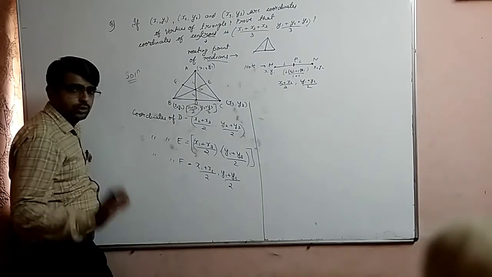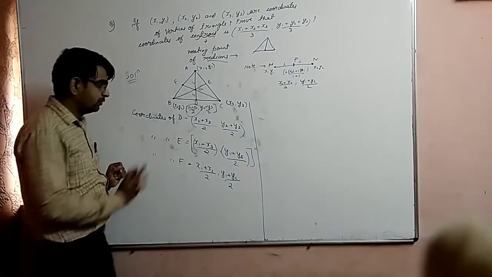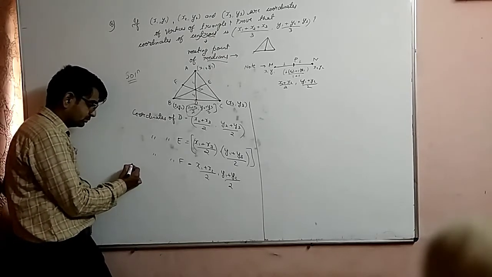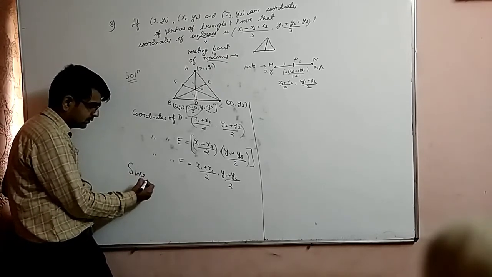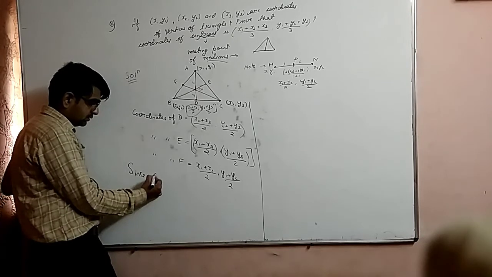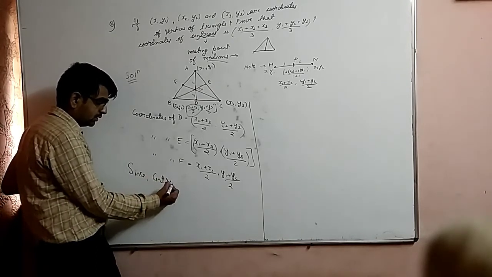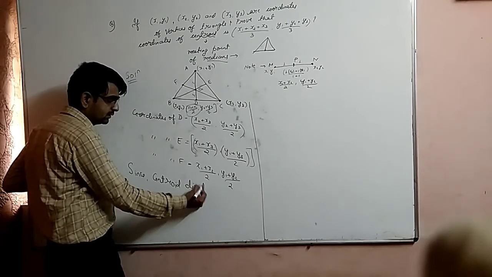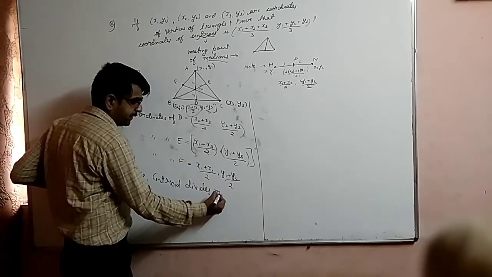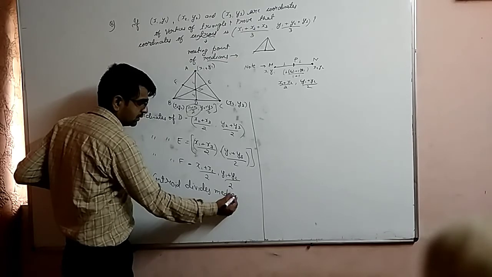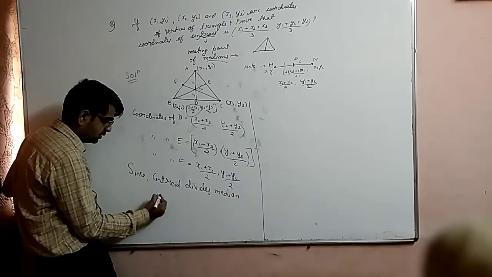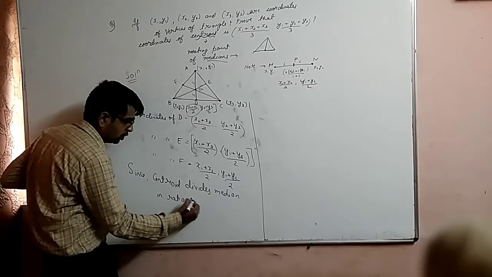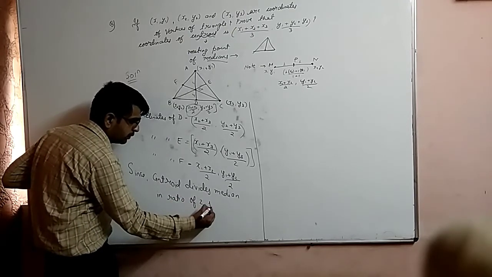Now we have to remember one thing for solving this question. What is that thing? The centroid divides the median in the ratio of 2:1.